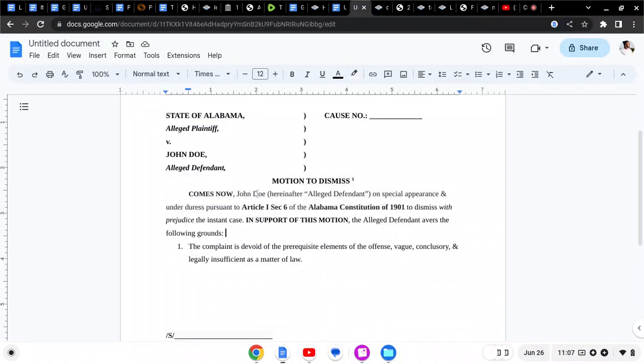So let's see. Comes now John Doe, hereinafter the alleged defendant, on a special appearance and under duress pursuant to Article 1, Section 6 of the Alabama Constitution, to dismiss with prejudice the instant case.